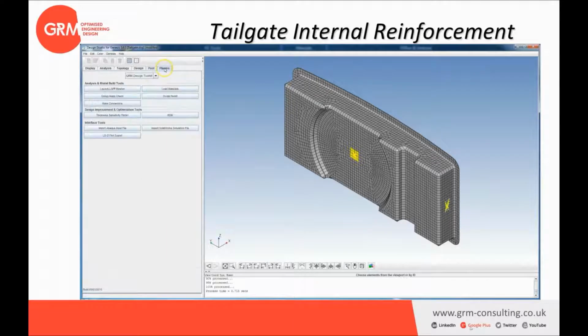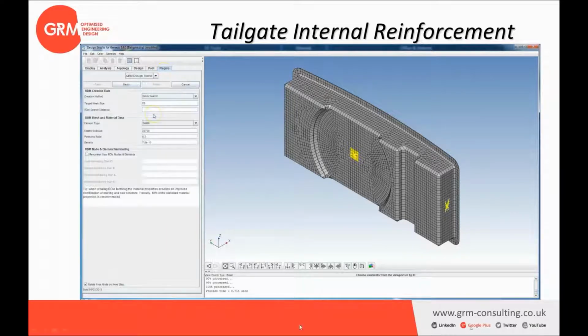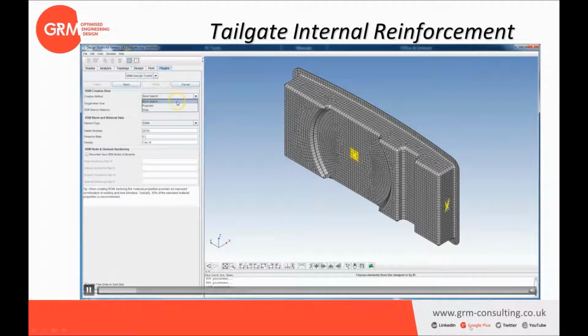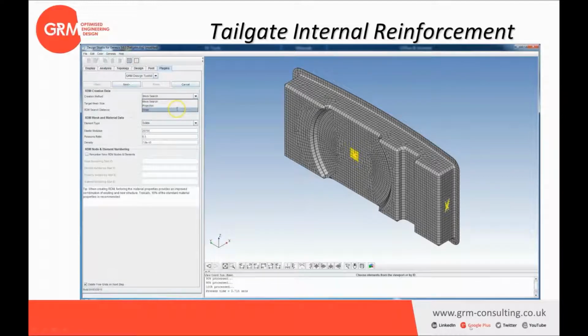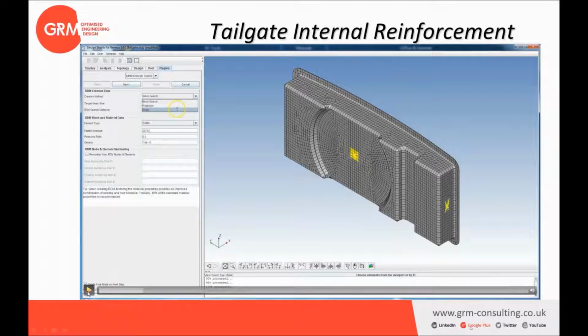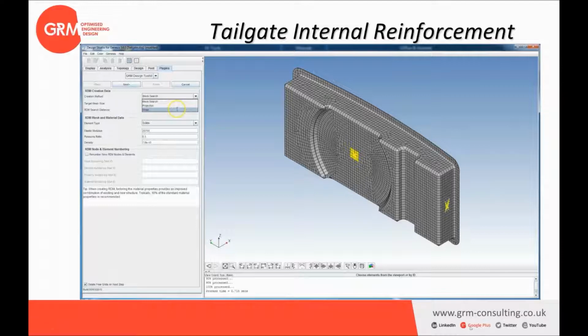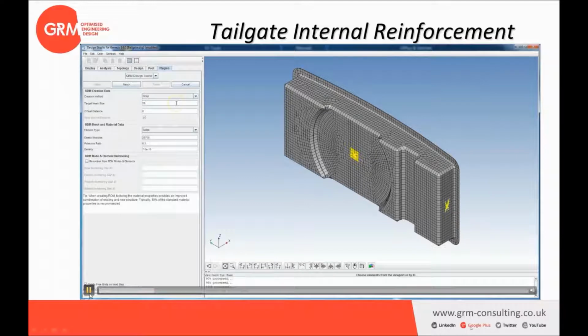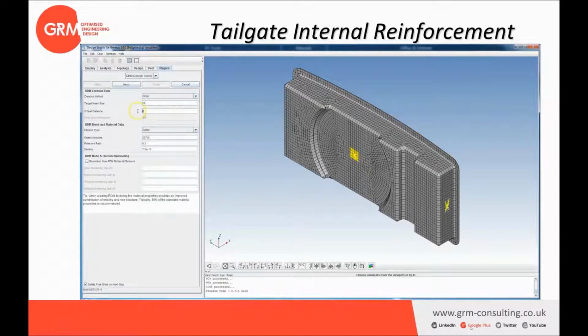We have then created inside this tailgate the RDM. So we have used the wrap option, which means that we are going to put material inside the existing structure. The target mesh size is the same as the existing FE model, and we put the offset distance from the back panel.